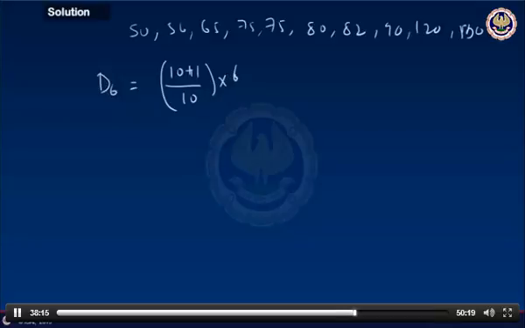In the case of the third, we write 3 here. So we have to find 10 plus 1 by 10 into 6, which is 11 by 10 into 6, that is the 6.6th value.